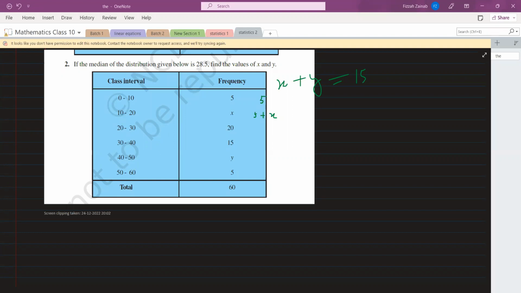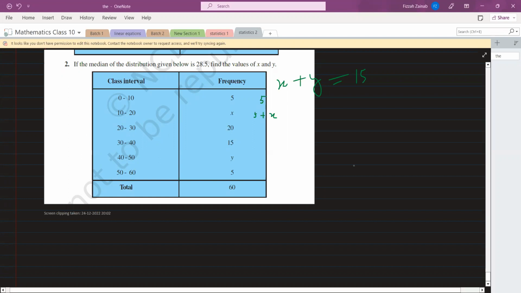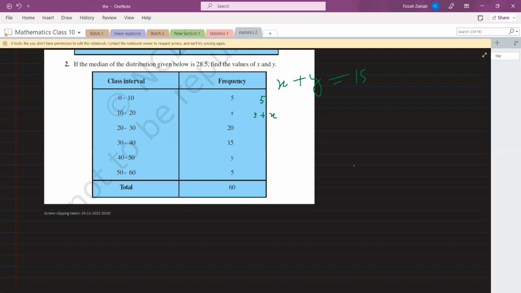How do we get y? So what is your x? Tell me. 8. Now put this in the equation x plus y is equal to 15. You will get y. Yeah, this one, x plus y is equal to 15, right?